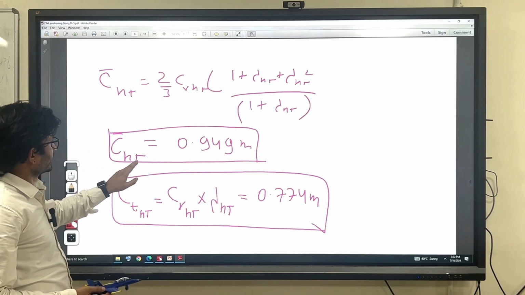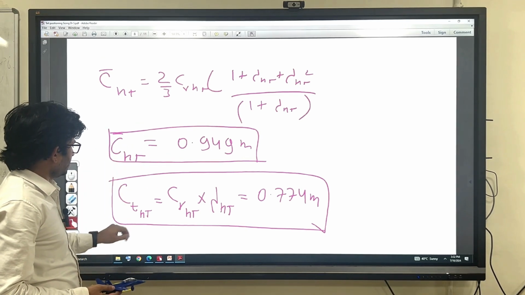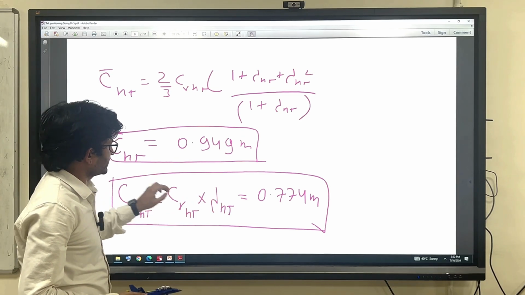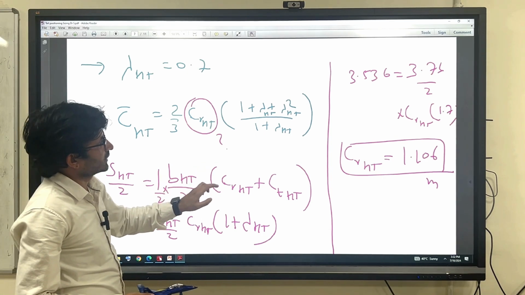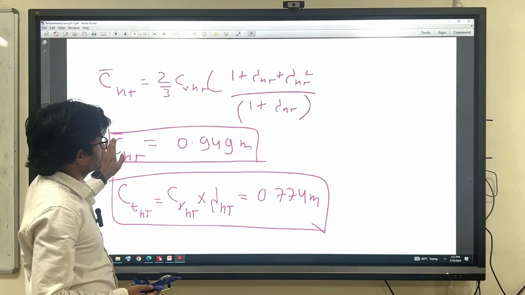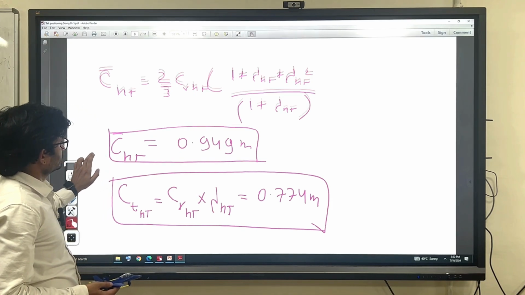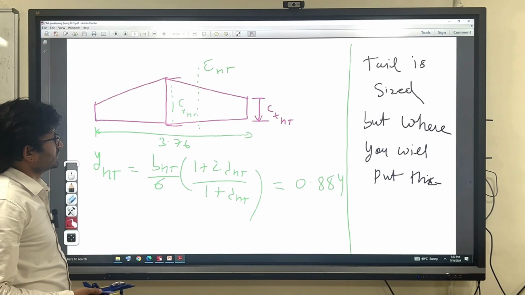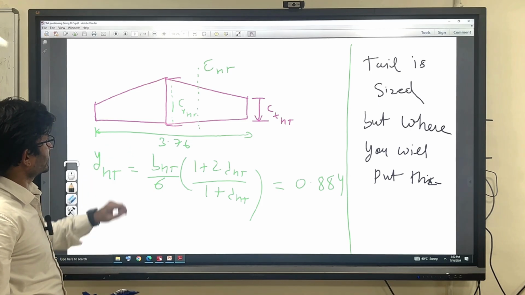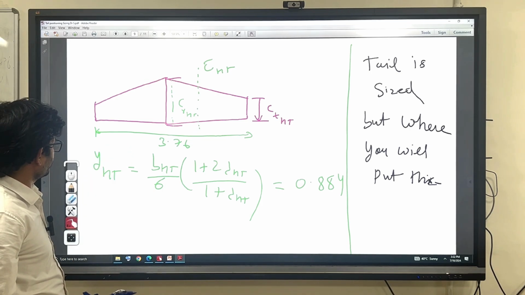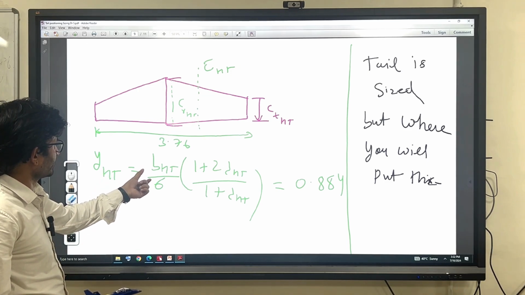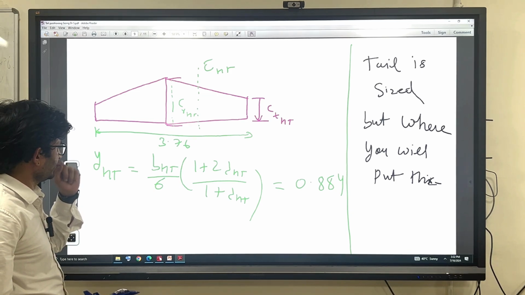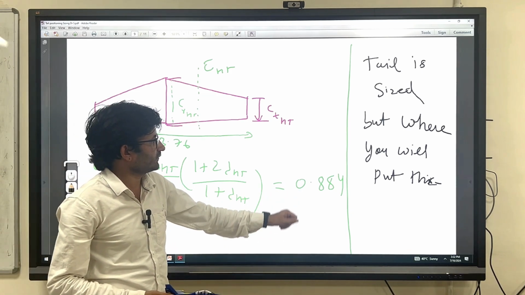You are getting a mean aerodynamic chord around 0.9, tip chord around 0.7, and root chord 1.106. So this is how your horizontal tail will look, and you can position the mean aerodynamic chord using the same formula. Here you put BHT instead of B. I will get 0.884.